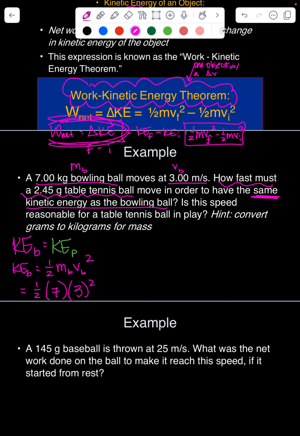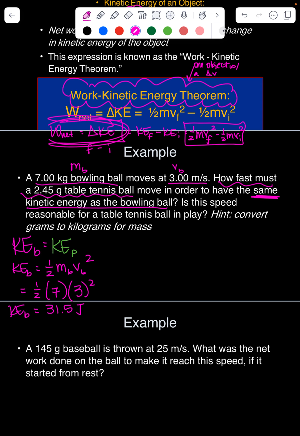So that's always what we put in first. We're squaring 3, so that's 9 times 7 times 1/2. That is going to give us a kinetic energy of 31.5 joules. So we know this bowling ball with that mass and that velocity has a kinetic energy of 31.5 joules. Great, I love that.